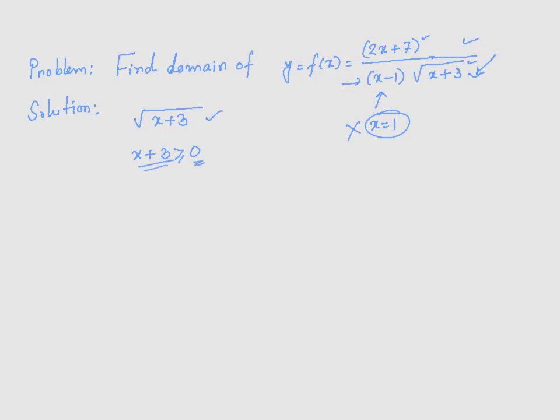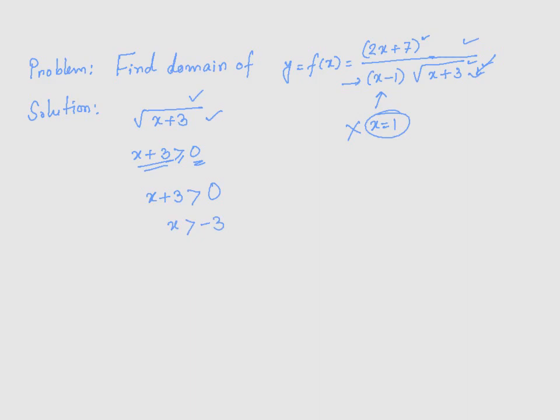X plus 3 cannot be equal to 0 also. So this restriction tells me that x plus 3 must be greater than 0, not greater than or equal to 0. And this is only true because the square root of x plus 3 appears in the denominator. So if I solve for x here, x is greater than negative 3.